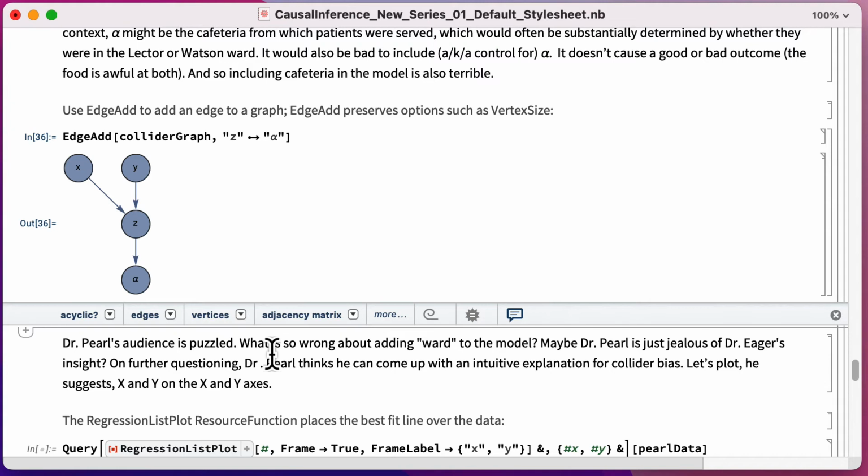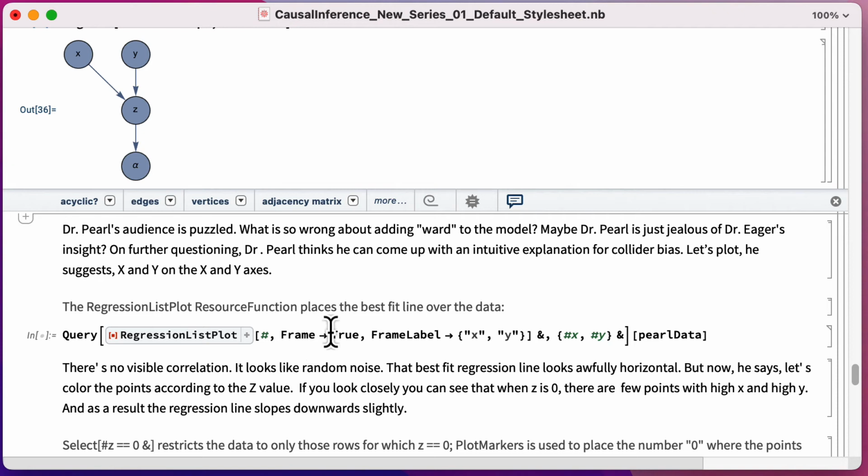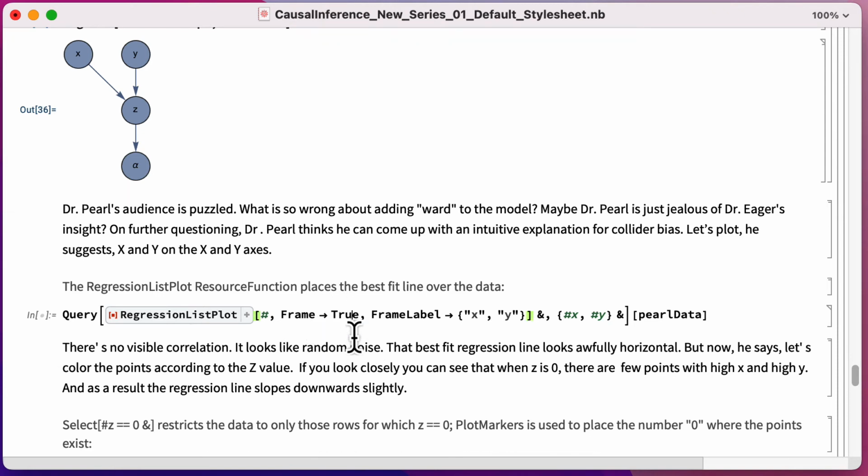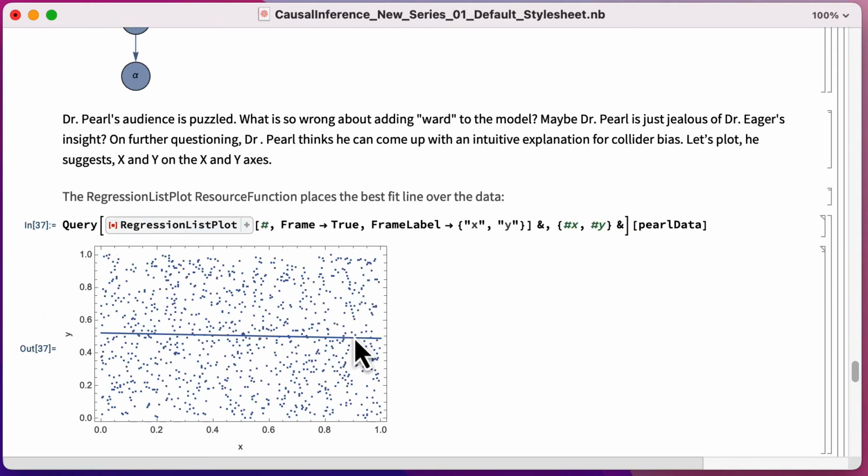But in fact, Dr. Pearl is quite right, and he thinks he can come up with an intuitive explanation for this phenomenon of collider bias. Here's what he's going to do. He's going to plot x and y together. All right, let's do it. There it is. There's our x and y values in the data.